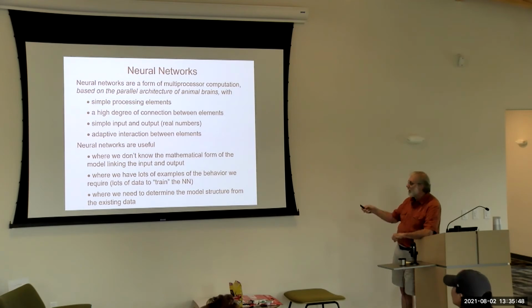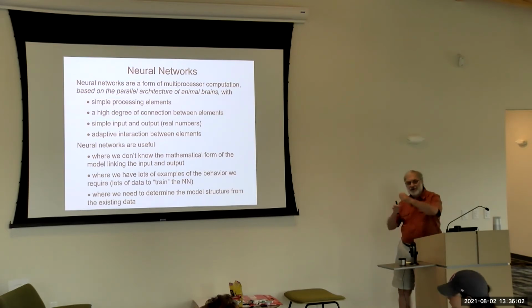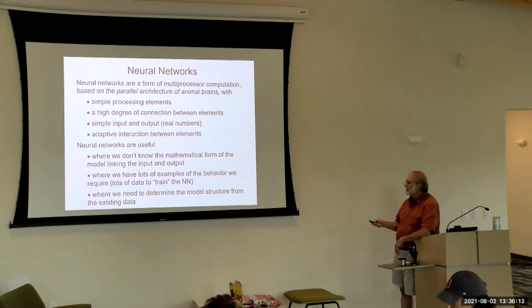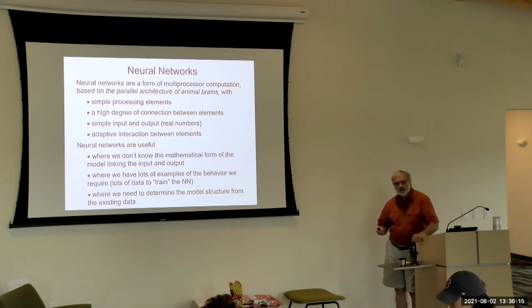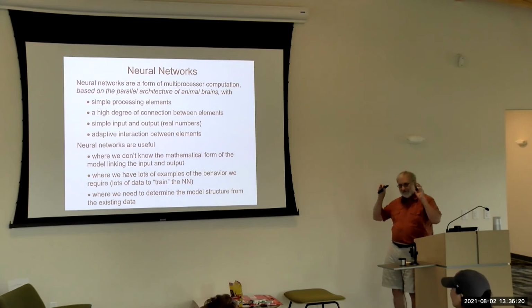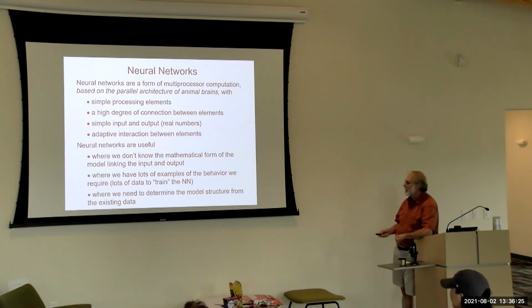Each little multiprocessor thing here, or each nerve cell in your brain, is doing something very simple. But all those processors or all your brain cells are extremely connected with all the others. And you have simple inputs and outputs, just real numbers. The important thing is adaptive interaction between the elements, so your brain can learn new things. You don't have a model that's fixed once and you just keep using it. We'll see how this works in a minute.